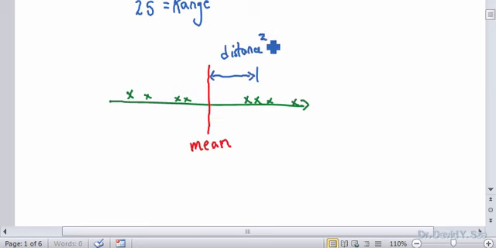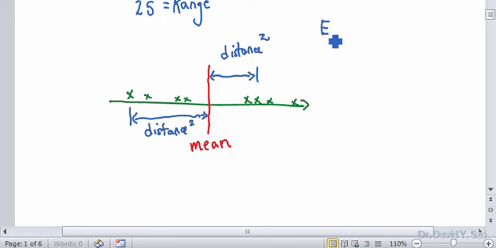And we square it. So we look at this data value, we square this distance, and we look at all, in this case, 8 data values.